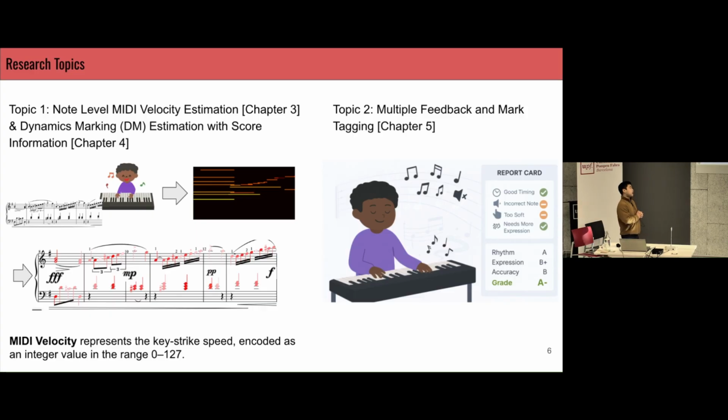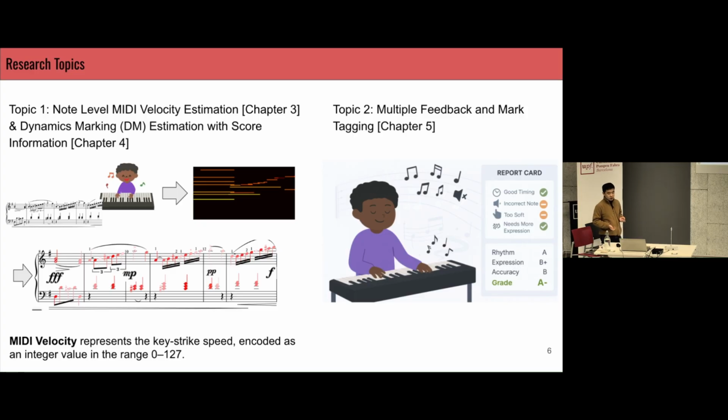To tackle those 3 problems, I created 2 research topics. Topic 1 is note-level MIDI velocity estimation and dynamics markings estimation with score information. This is written in chapters 3 and 4 in the thesis. Let me clearly define what MIDI velocity is. MIDI velocity represents the key strike speed encoded as an integer value ranging from 0 to 127.